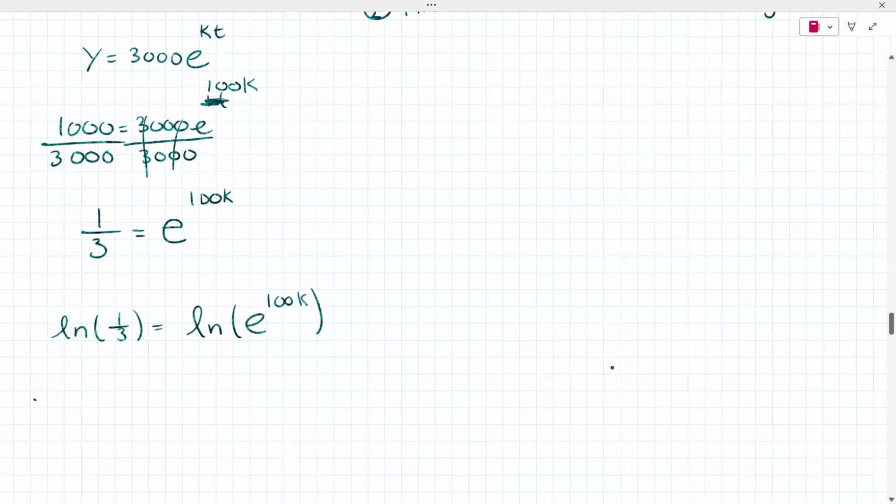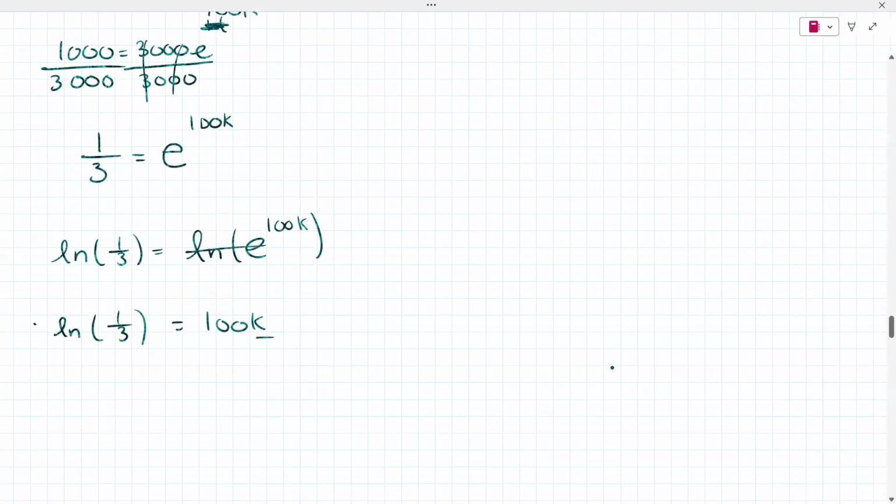Okay, so ln e cancels, you're left with 100k, and then this is ln of one third. And then continue solving for k, so divide this by 100. So k is ln of one third over 100.